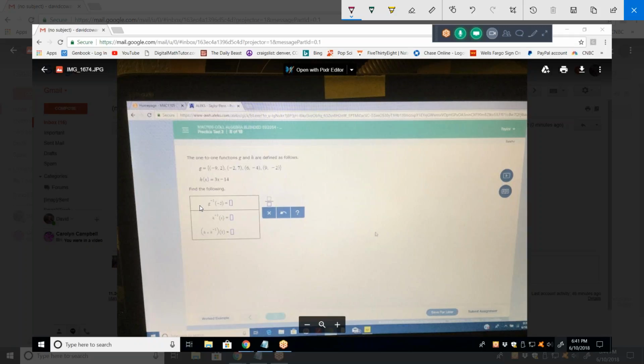Let's see. I've got g equal to those 4 points, and h equals that function. They're both one-to-one. If I take the first one and graph those 4 points, there's one, there's another, there's the third, and there's the fourth.